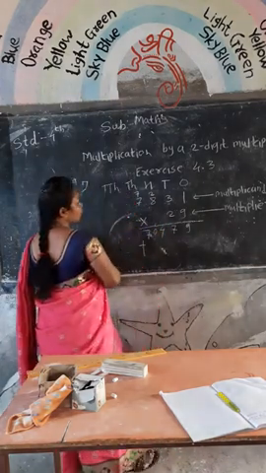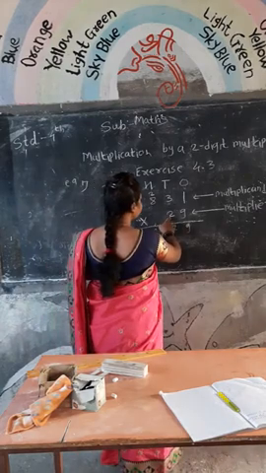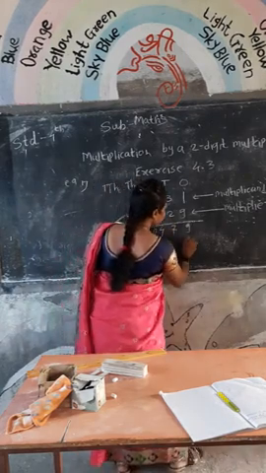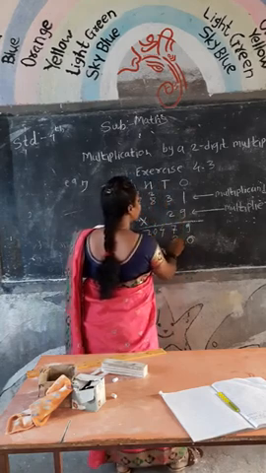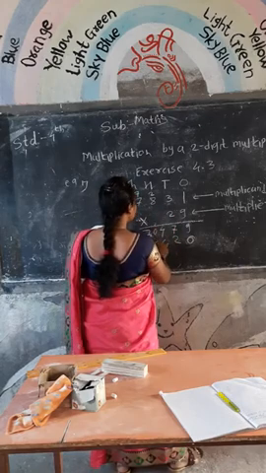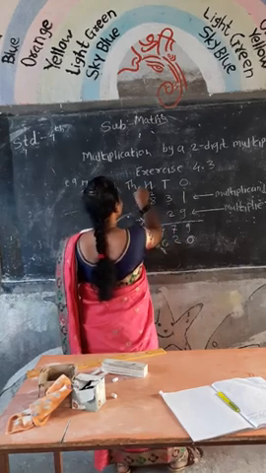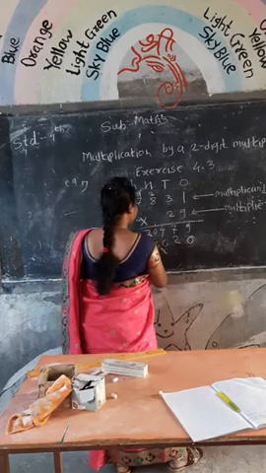Next the multiplication starts with the tens place, that is 2. Then write the ones place digit as a 0. 2 ones are 2. 2 threes are 6. 2 eights are 16. Carry 1 to the thousands place. 2 sevens are 14 plus 1 is 15.